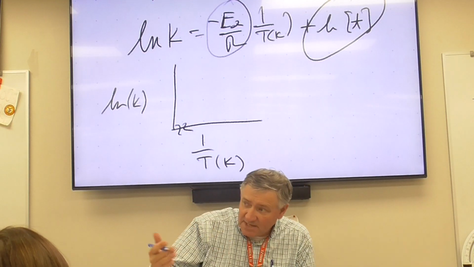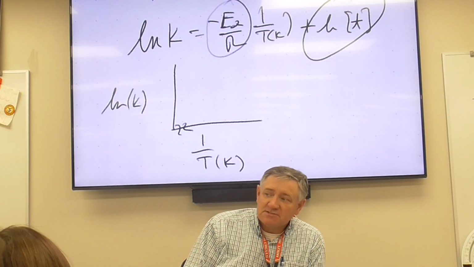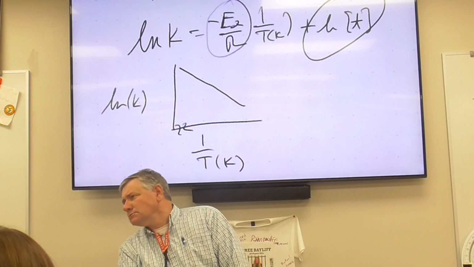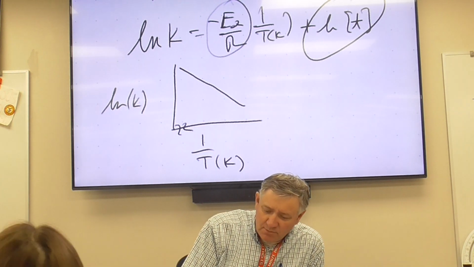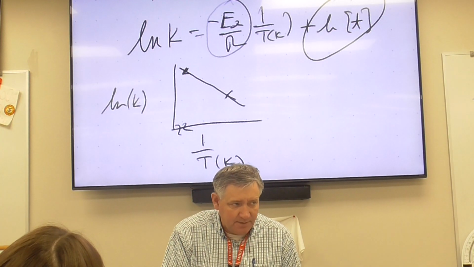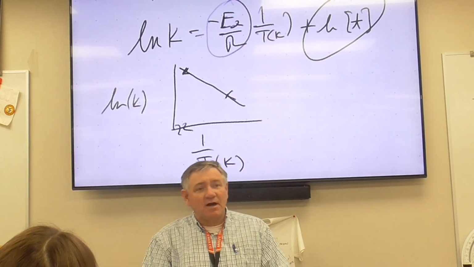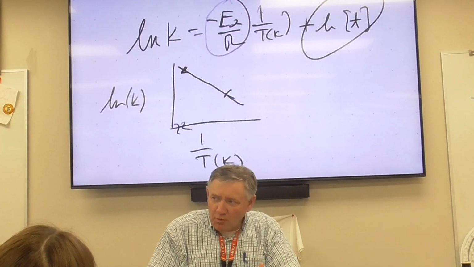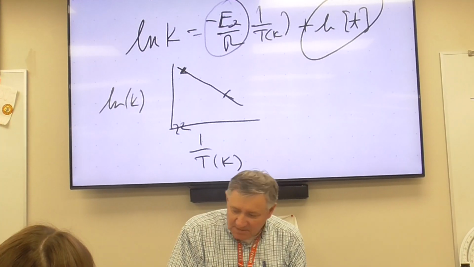You're going to plot these points with a ruler and draw a line of best fit, okay? You are going to pick points that are on the line. Now, if your data points happen to be on the line, cool, but that's the whole point of drawing a line of best fit. So you're going to find this slope.